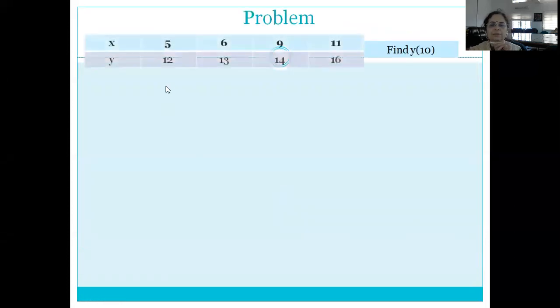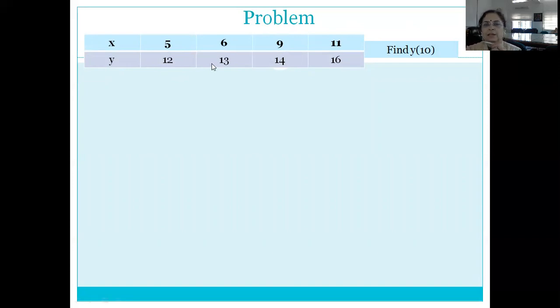Suppose the given data points are x and y, where y is the function of x, with x as 5, 6, 9, 11. We can realize that these are unevenly distributed data points. But for Lagrange interpolation, there is no such rule. Any kind of data points can be used. They may be evenly spaced, they may be unevenly spaced data points.